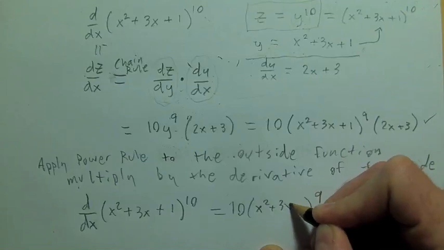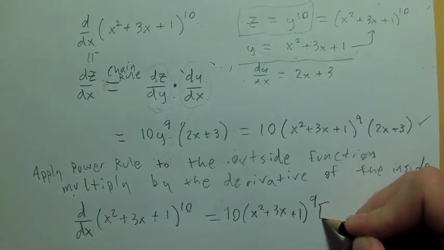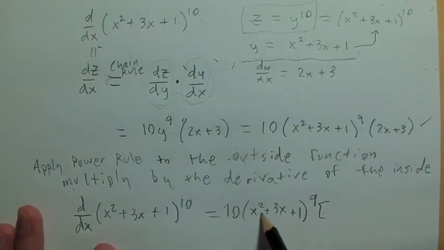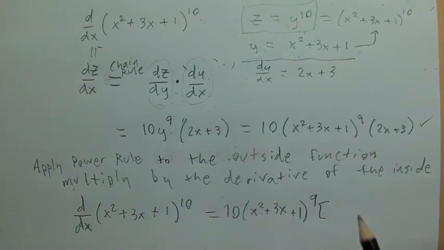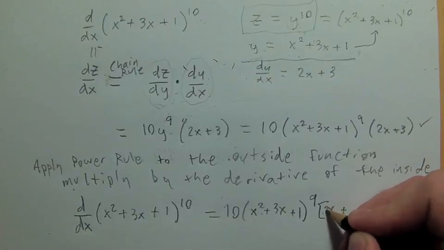So that first step, you always leave the inside function alone. Then you're going to multiply by the derivative of the inside. And so the inside is x squared plus 3x plus 1. So now I'm going to multiply, it'll be 2x plus 3.